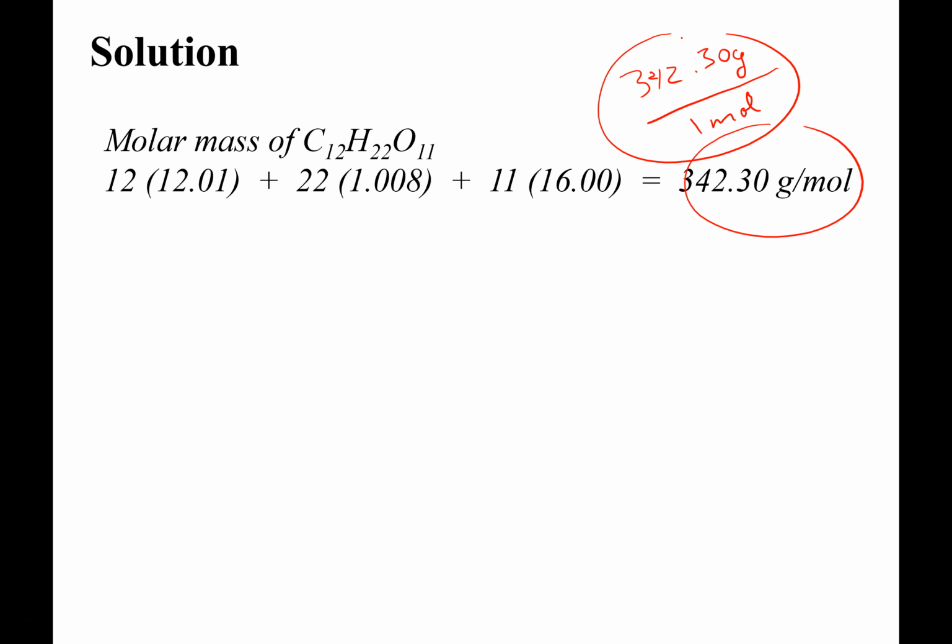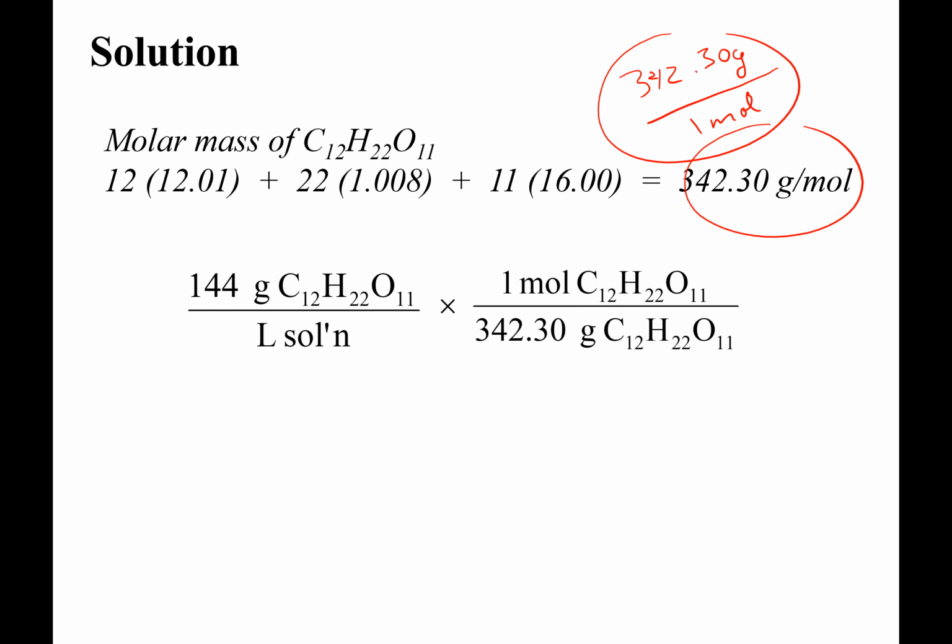So I said we were going to piggyback on the 144. So if we bring back in what we know about the solution in terms of grams of sucrose per liter of solution, and then introduce the molar mass as a conversion factor. Notice in this case, I'm going to have to take the inverse of the molar mass because I want grams of sucrose to cancel.